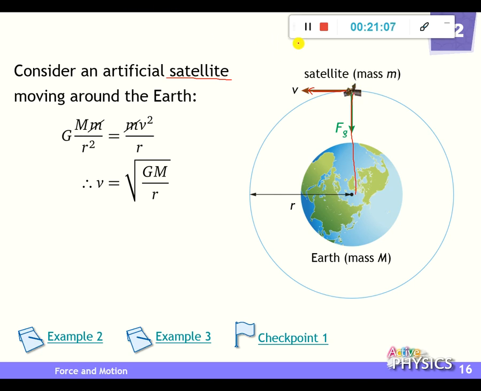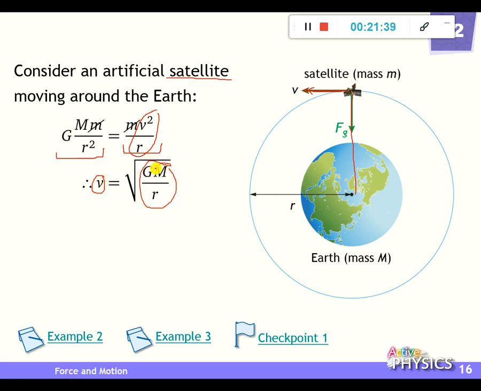How to do it? Of course, using the formula. In this chapter, we know this one, gravitational force. In the last chapter, this force should be the required centripetal force. In this case, we will use v squared over r, because this satellite can control the velocity, the speed of it, 主導，所以就用呢條式. Combine them, you can find that this velocity can be calculated from this value.